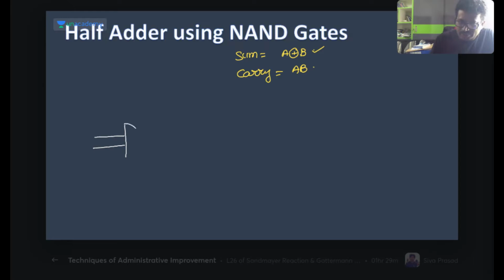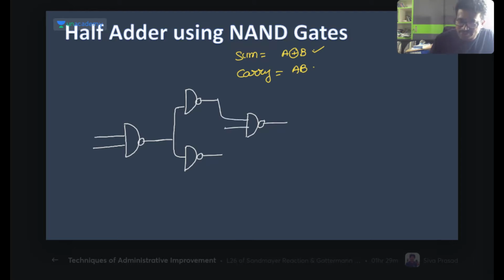So this is one NAND gate I have taken. Here is one NAND gate, and this is another NAND gate I have taken. And here is one NAND gate. This is the XOR implementation we have seen. Remember this blindly.